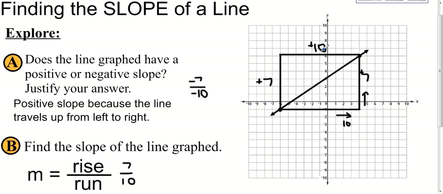If you went this way and counted, you would be going left. So if you go left, that would be negative 10. And then once you go left, you would be here, and you would have to go down. And if you went down, that would be negative 7. So your rise would be negative 7, and your run would be negative 10. But since a negative divided by a negative is a positive, it would come out to be 7 over 10, which is exactly what you got the first time.